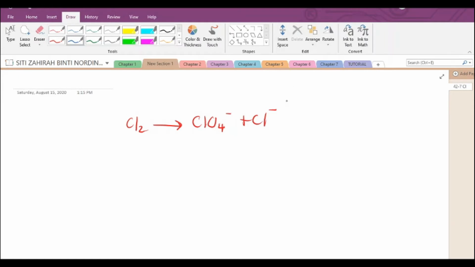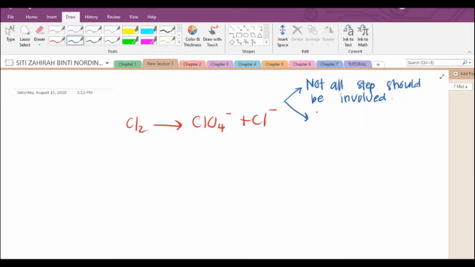Before we start, I want to remind you that to do the ion electron method, not all steps should be involved. You should look at the question carefully whether you should add water or whether you should add hydrogen ion. So not all steps should be involved.